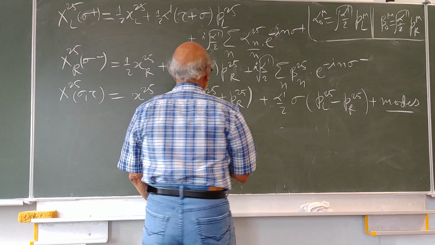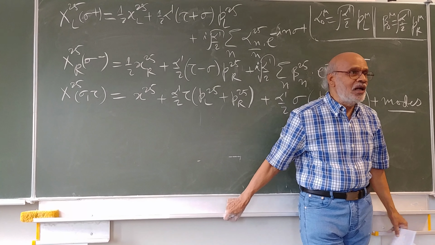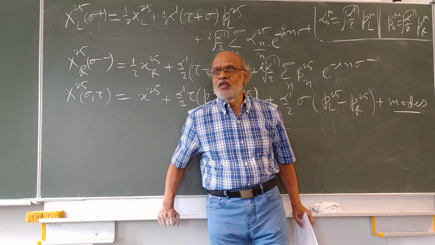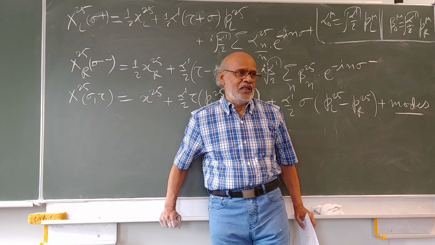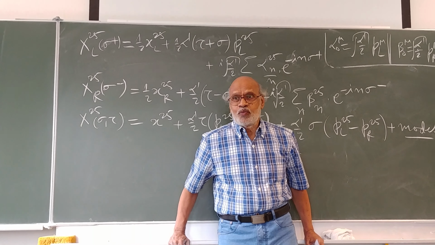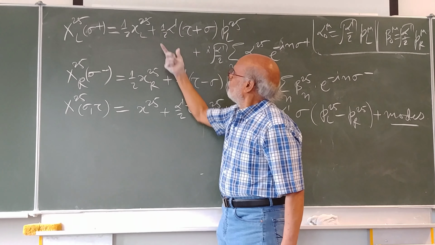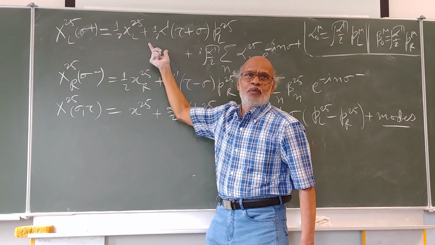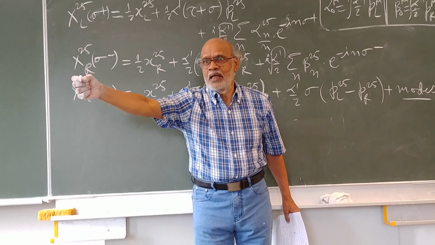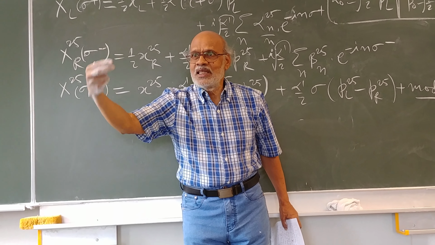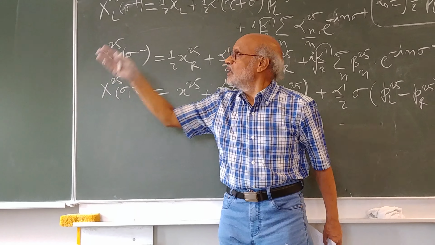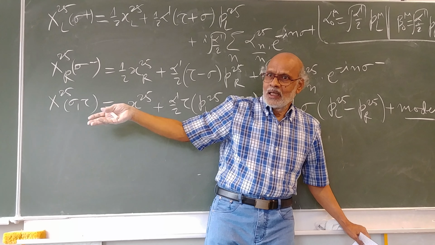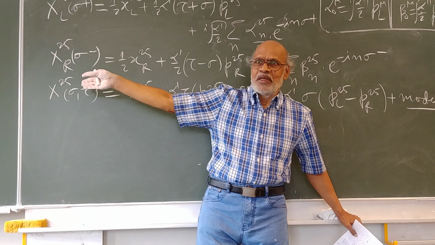Now, whatever we have learned for the non-compactified dimensions was true for non-compactified dimensions. For example, P25 for a non-compactified dimension would be continuous momentum. P25 is the center of mass momentum of the string. X25 is the center of mass coordinate of the string, along the 25th dimension right now.